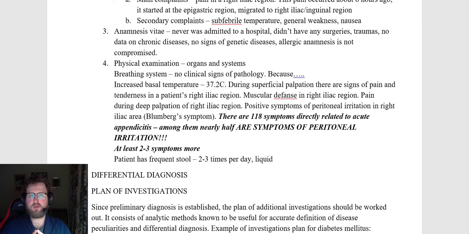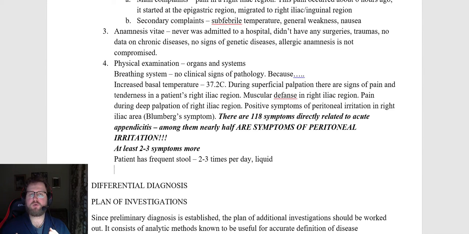Digital rectal examination usually does not show any signs of specific pathology, but this is what you also have to point out in this part, when you finalize describing the physical examination of the gastrointestinal or digestive system: that during digital rectal examination you found no signs of clinical pathology, as we've previously discussed.